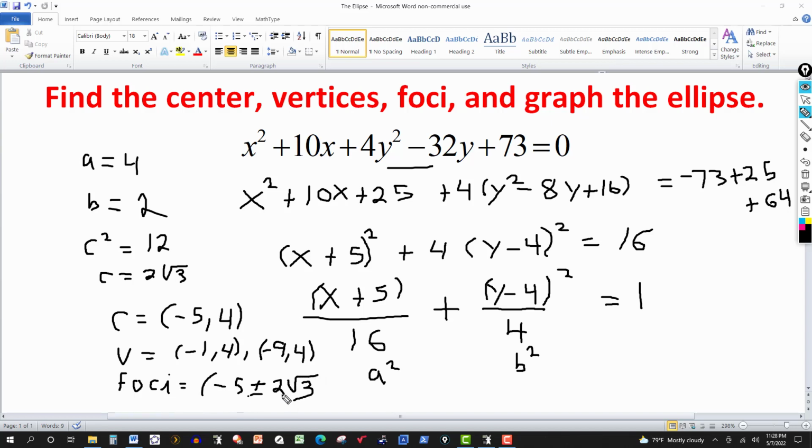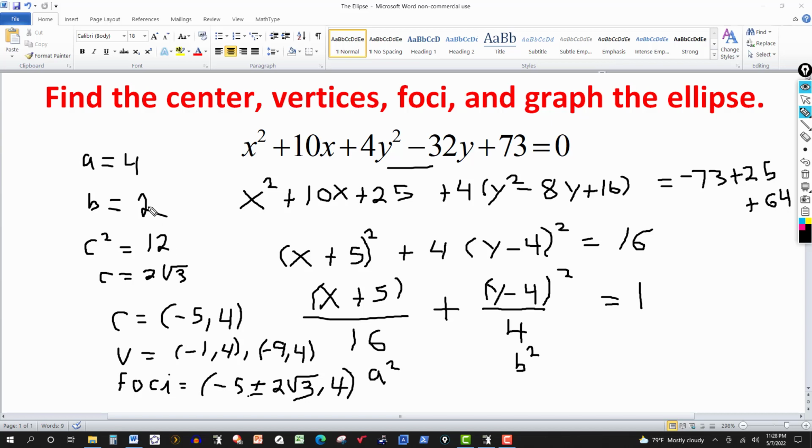And 2 square root of 3 is approximately 3.4. So we're going approximately 3.5 units to the right and then to the left. And we're going to stay at that line y equals 4. So there are your foci.